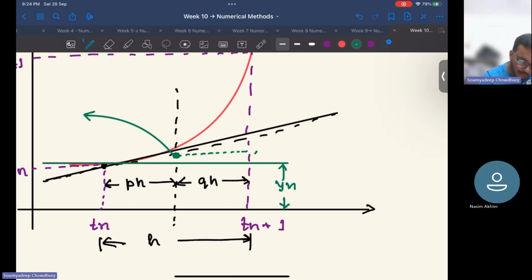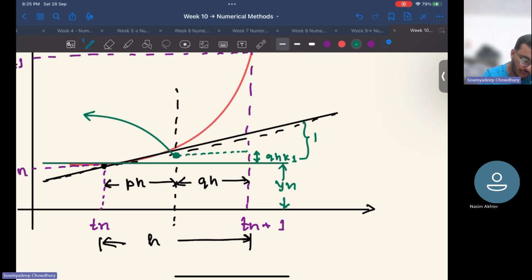This length is QH into K1. Some K1 I'm taking. K1 is not a random value. K1 is the slope of the function at this point. So if K1 is the slope of the function at this point, by geometry we can find that this distance is QH times K1.